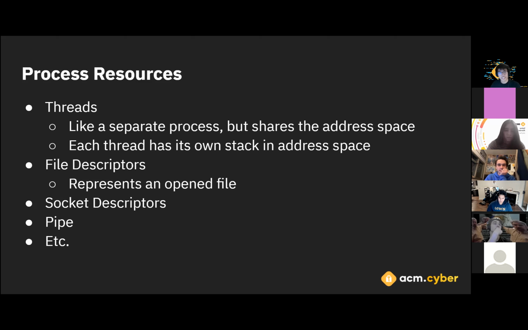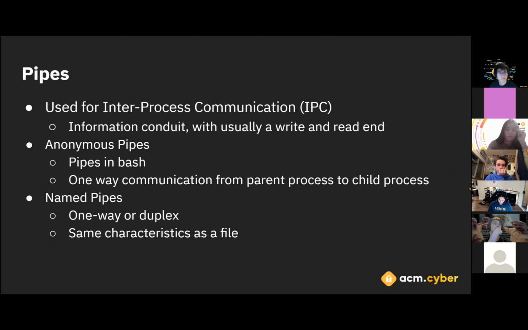Another resource that a process has is its file descriptors. This is just what a process has when it opens a file. For example, in Linux, when you call open, it returns a file descriptor number, and that represents the open file. Similarly, there are socket descriptors, and we'll go more into socket descriptors and pipes right now.